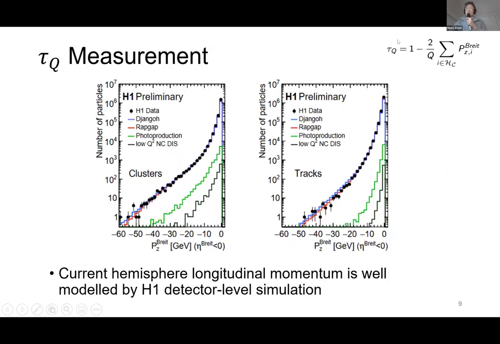The fundamental quantity when we're looking at this tau Q for the measurement is this pZ in the Breit frame, because that's basically what we're summing over. And when we look at this, we see very good agreement between the H1 data and the detector simulation, which is these curves of Djangoh and RapGap here, both for clusters and for tracks.